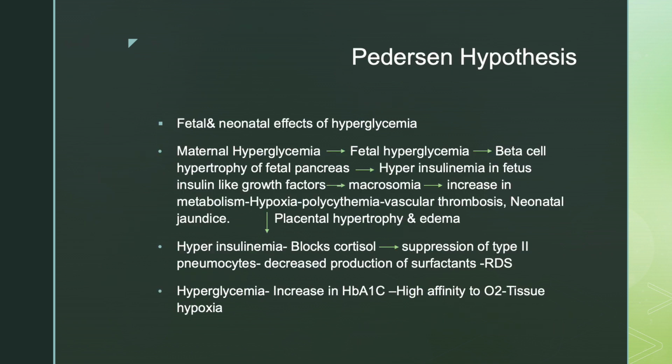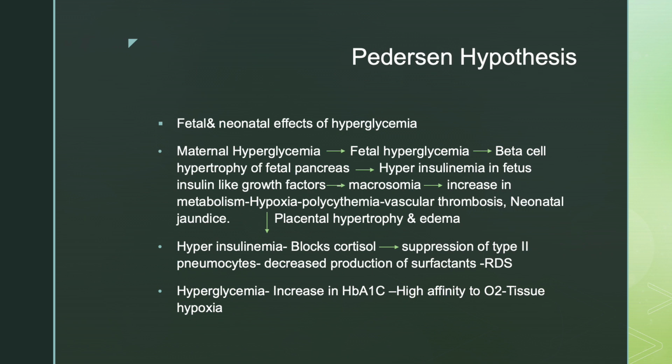All the effects of diabetes on the newborn and the fetus can be explained by the Pedersen hypothesis. According to that, when there is maternal hyperglycemia, it will be transferred to the fetus causing fetal hyperglycemia.